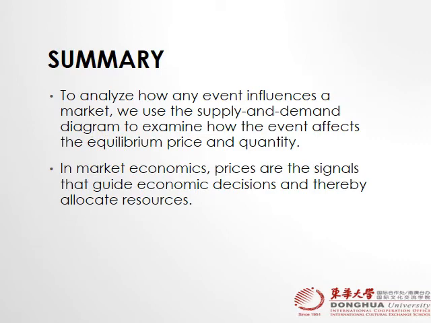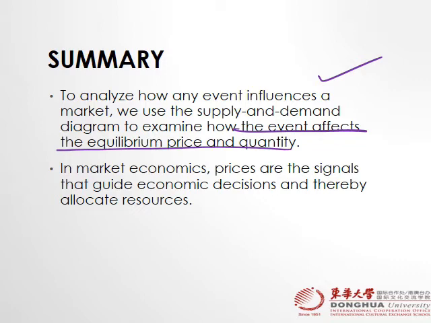To analyze how an event influences a market, we use the supply and demand diagram to examine how the event affects the equilibrium price and quantity. Any decision or transaction, you should analyze in terms of demand and supply, and you can find the new equilibrium, the market price and quantity.